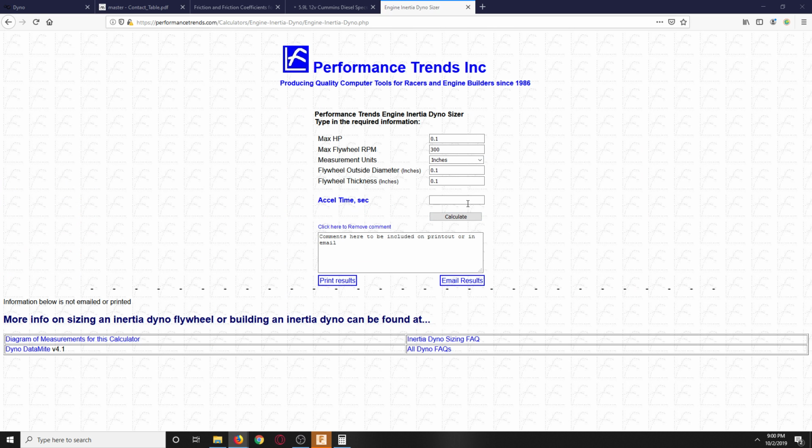Okay, so basically what we want to do is get this guy to equal this other guy. So what we could look at is moment of inertia of standard steel.